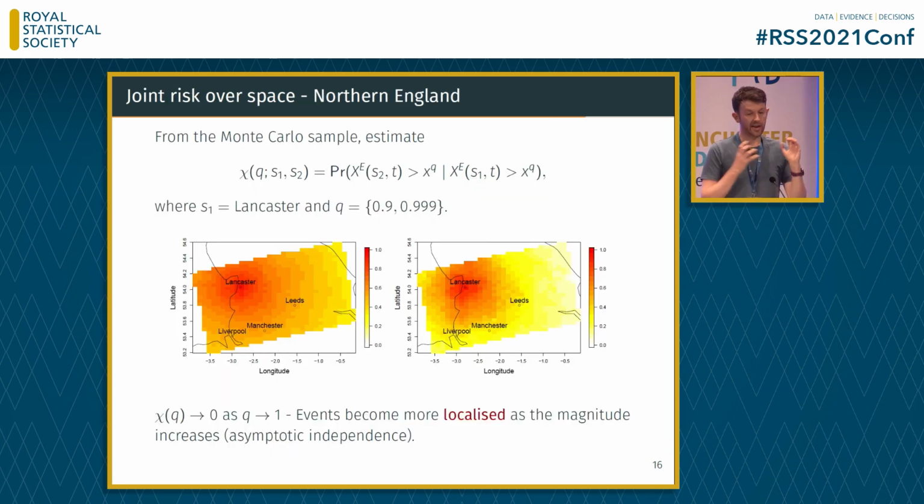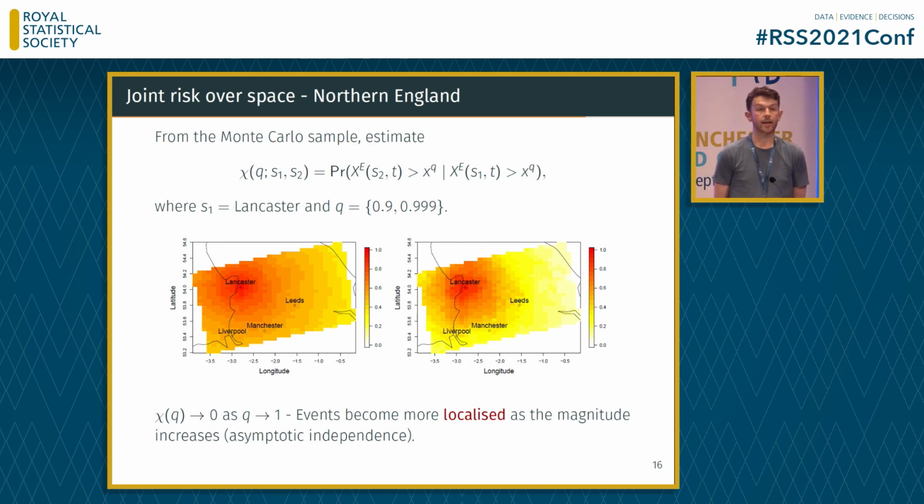If we were to hand this model over to the insurance industry, which I believe is what we did in the end, we can also answer more research-based questions, particularly in extreme value analysis. From the Monte Carlo sample of synthetic storms, we can estimate the conditional probability of one site being extreme, given that the other site is extreme. We've done this for a field over northern England, using Lancaster as the conditioning site, and two quantiles, the 90% quantile and the 99.9% quantile.